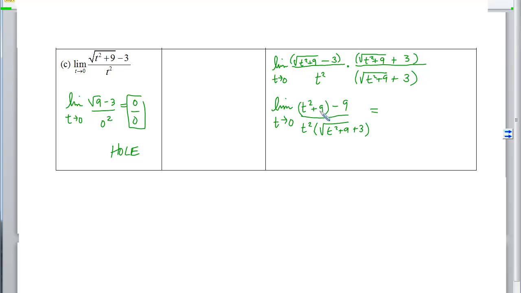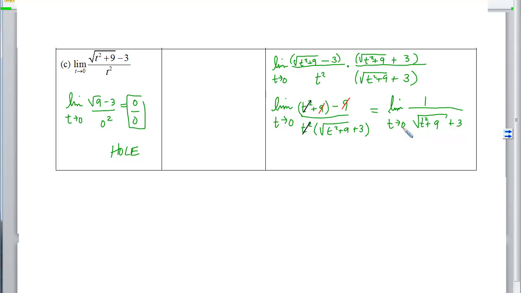Now notice that the plus 9 and minus 9 will cancel, and once that cancels, I'm left with a t squared divided by a t squared times this. So I can also cancel the t squareds, and I will be left with the limit as t approaches 0 of 1 over the square root of t squared plus 9, plus a 3.